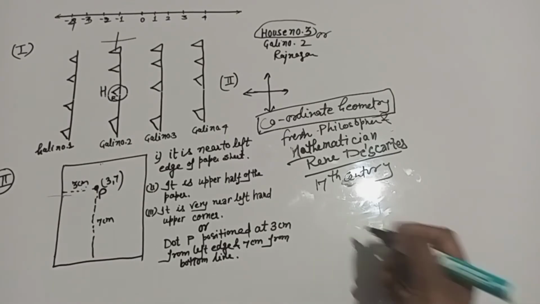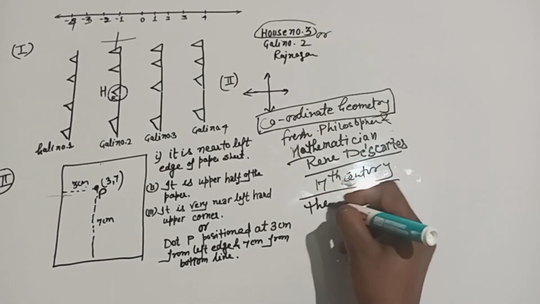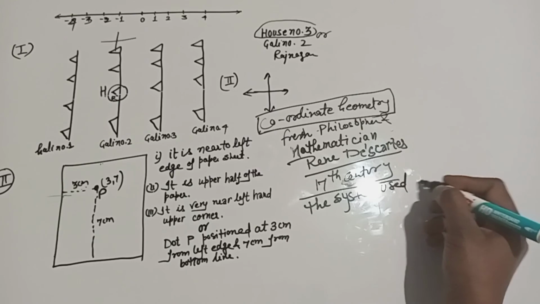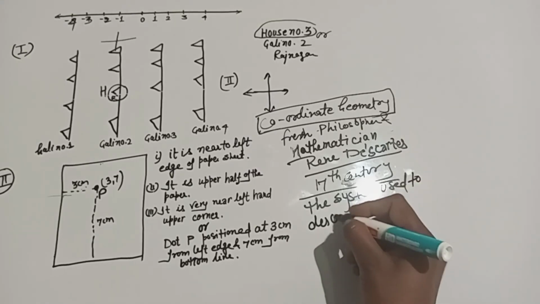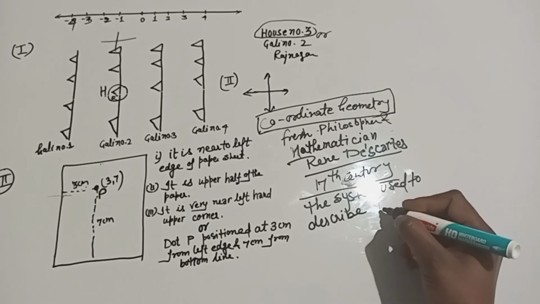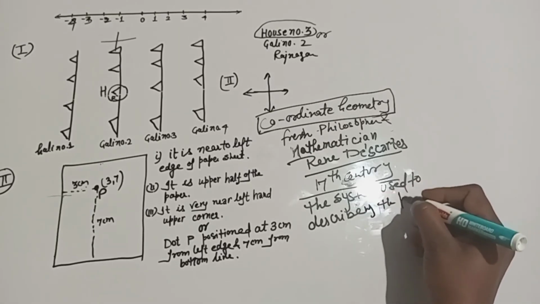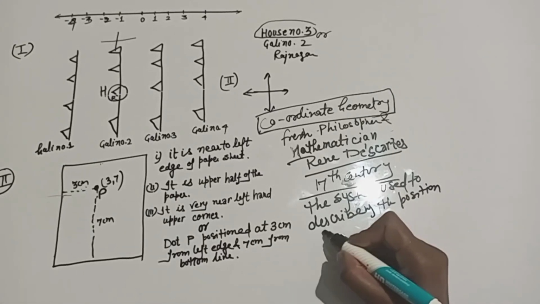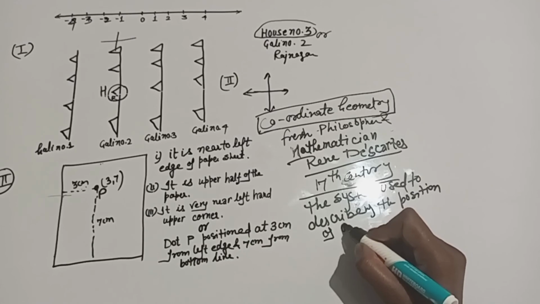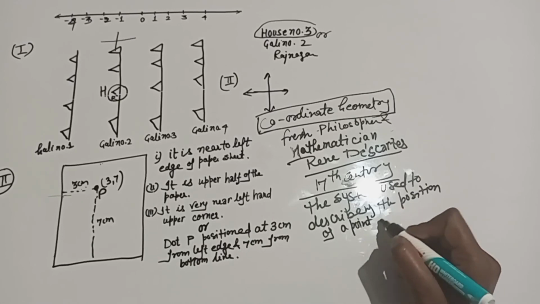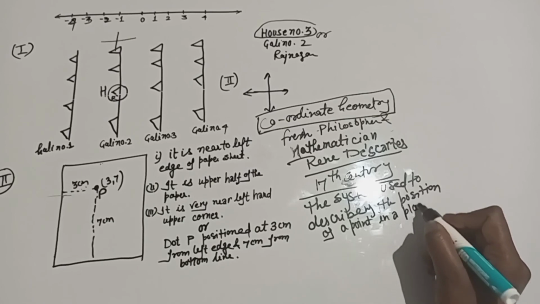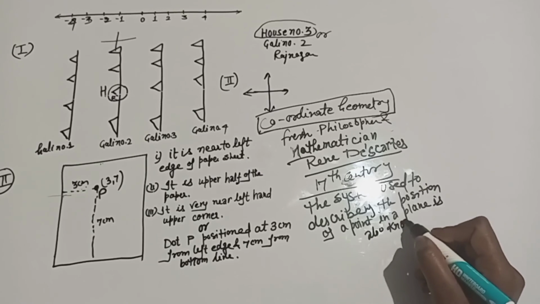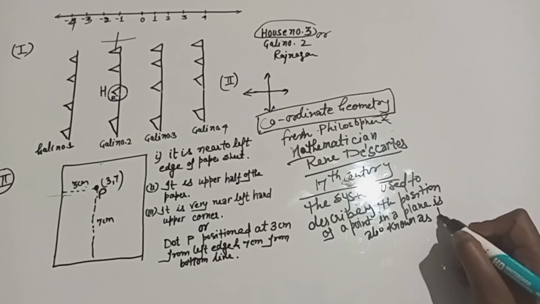The system used for describing the position of a point in a plane is also known as the Cartesian system.